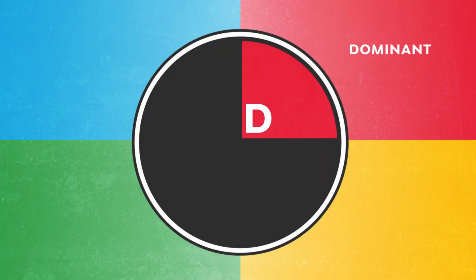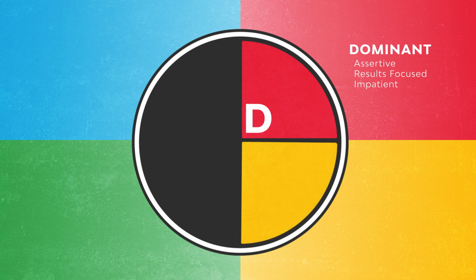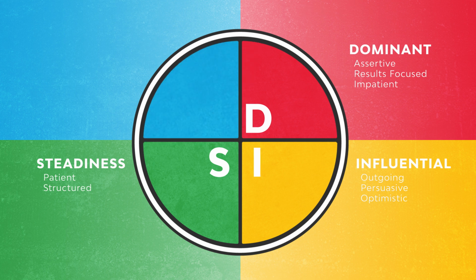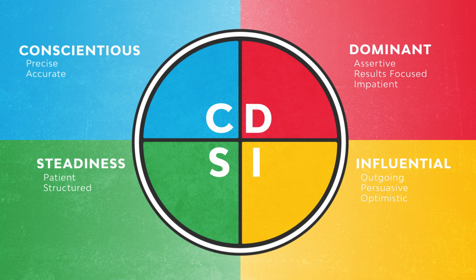That's people that are assertive, results-focused, and impatient. The second quadrant is influential. They're outgoing, persuasive, and optimistic. The third quadrant is steadiness, and those are people that are patient, they're structured. And the fourth quadrant is conscientious. They're precise, and those are people that are accurate.